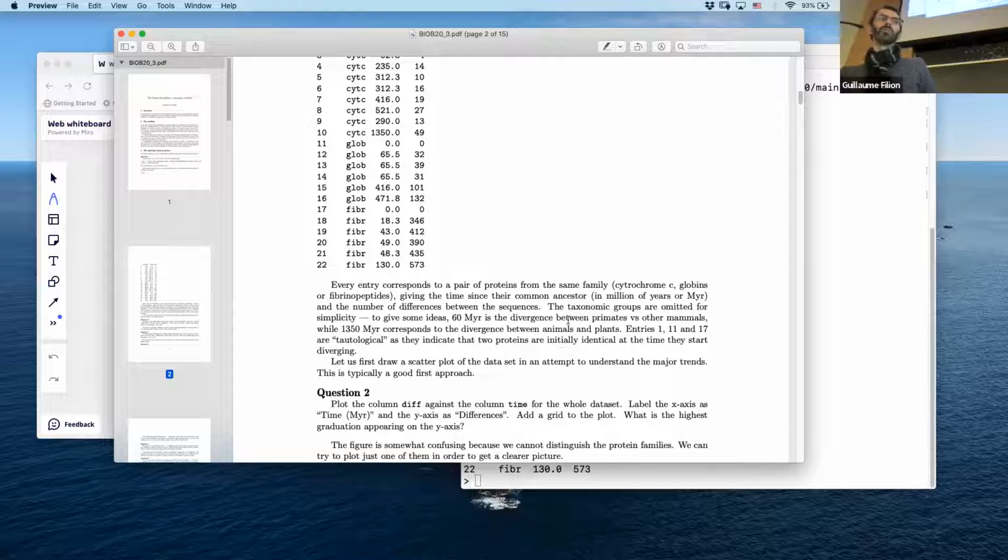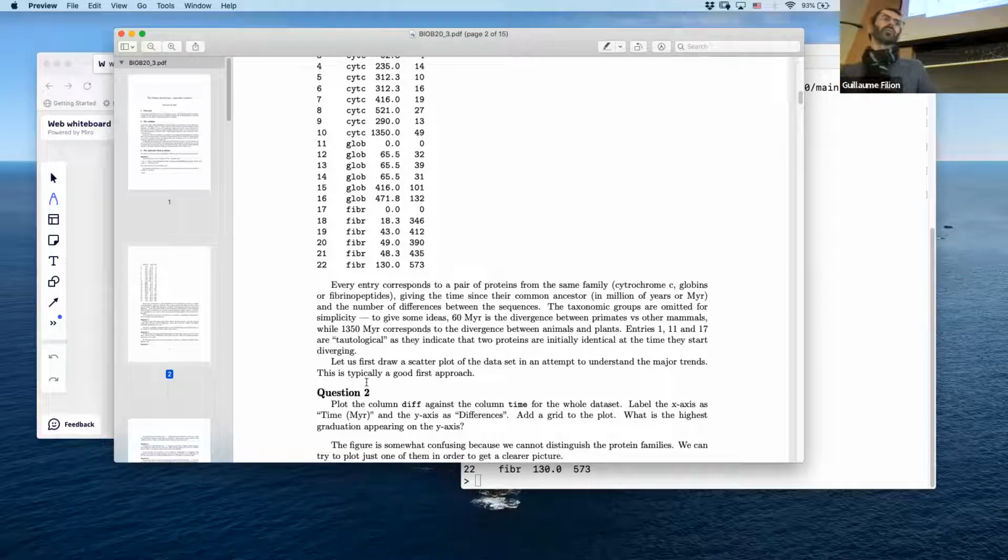The taxonomic groups are omitted for simplicity, but to give some idea, 60 million years is the divergence between primates versus other mammals. Okay, like all the primates, all the monkeys, etc. They diverge from the rest of the mammals, like donkeys, horses, about 60 million years ago.